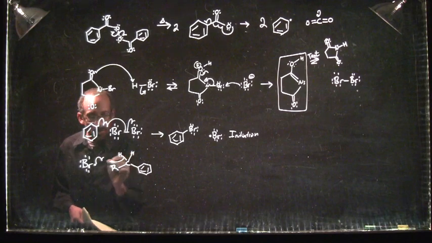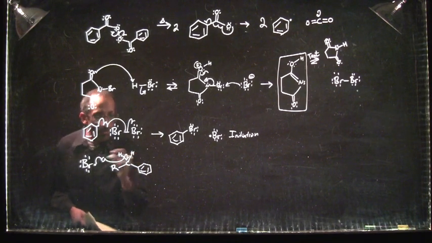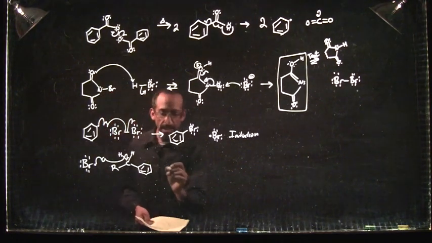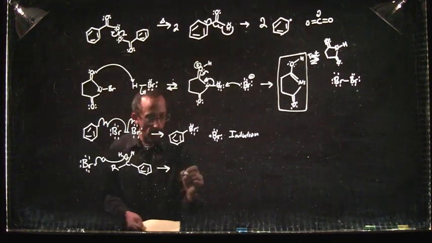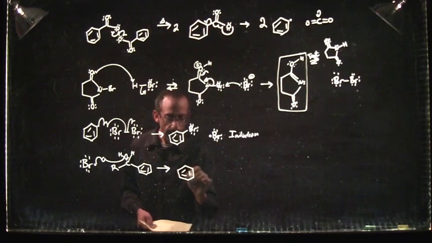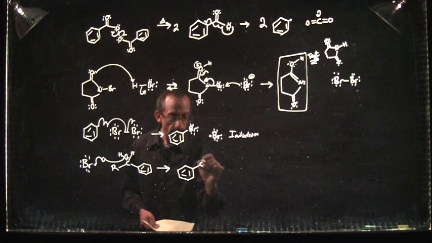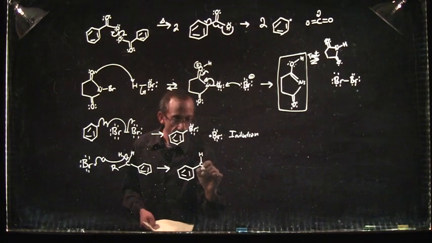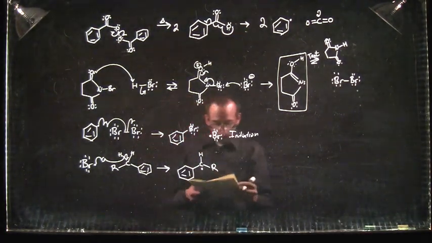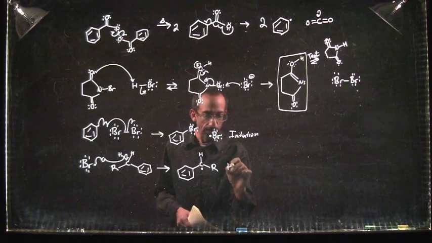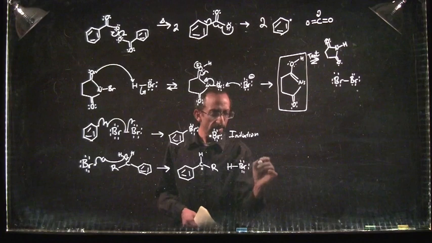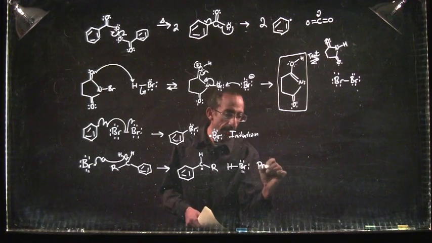And it is able to remove that allylic or benzylic hydrogen and create a benzylic radical. So there's our benzylic radical, and we've generated a molecule of HBr as well. This is propagation 1.